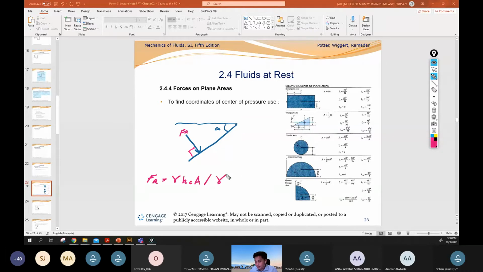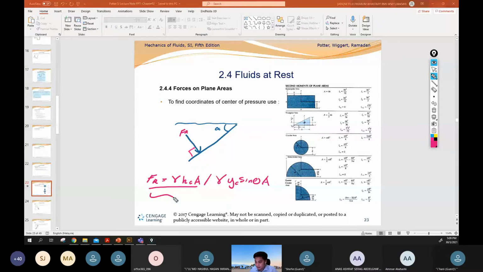Or gamma yc sine theta, or sine alpha, times area. So basically, this is the formula that we frequently use throughout fluid mechanics, all right? Because we need this formula to solve the resultant force. You learned how to calculate the resultant force.